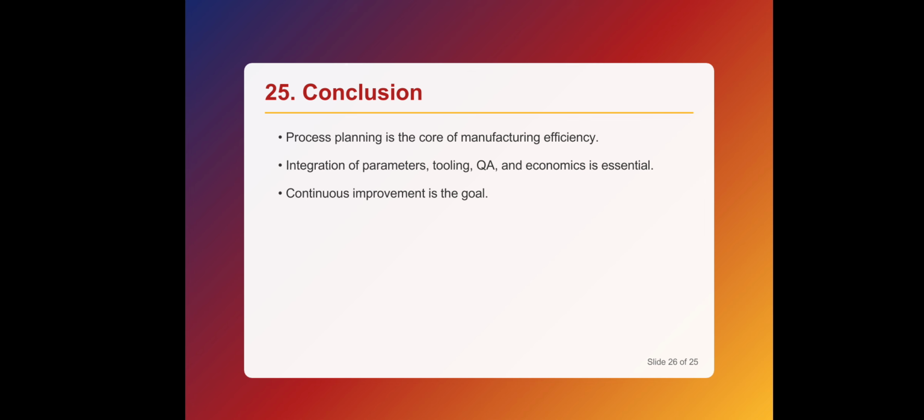So analyze means the part requirements. The first step in process planning activities is analyze. Analyze means part requirements. Second one is determination. Determination means operation sequence. The third one, selection, means selection of equipment as we need to machine the particular product, as we need to get the required shape and size of the material.